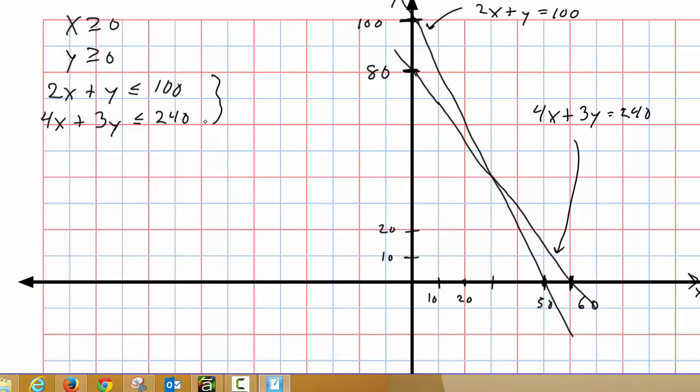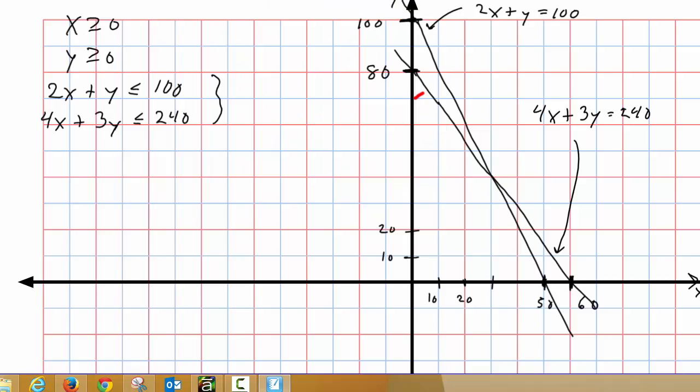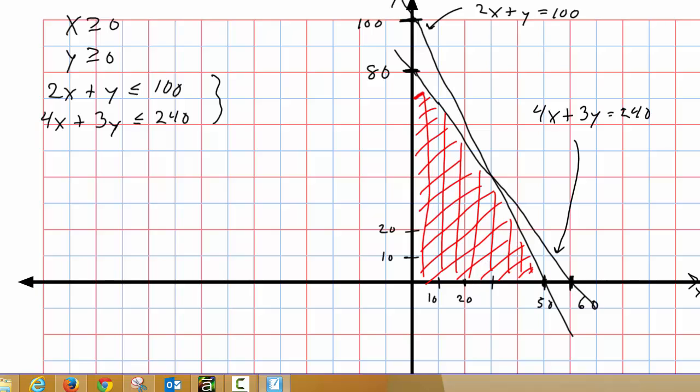For these two, you can check that the region we want here is basically the region that's to the left of both of these lines. And so it's this region that I'm shading in red at the moment. So the region that I've shaded in red is the feasible region, right? It's the region of all points x and y that satisfies all four of these linear inequalities.